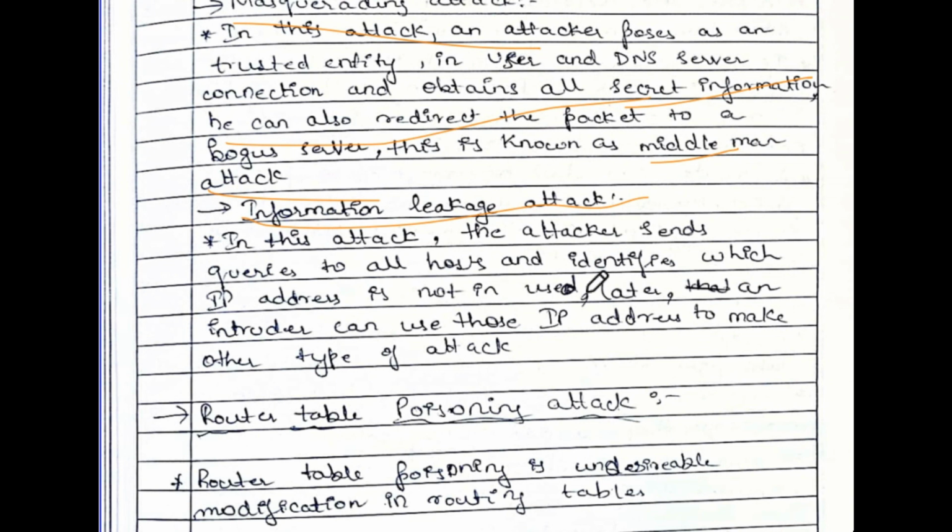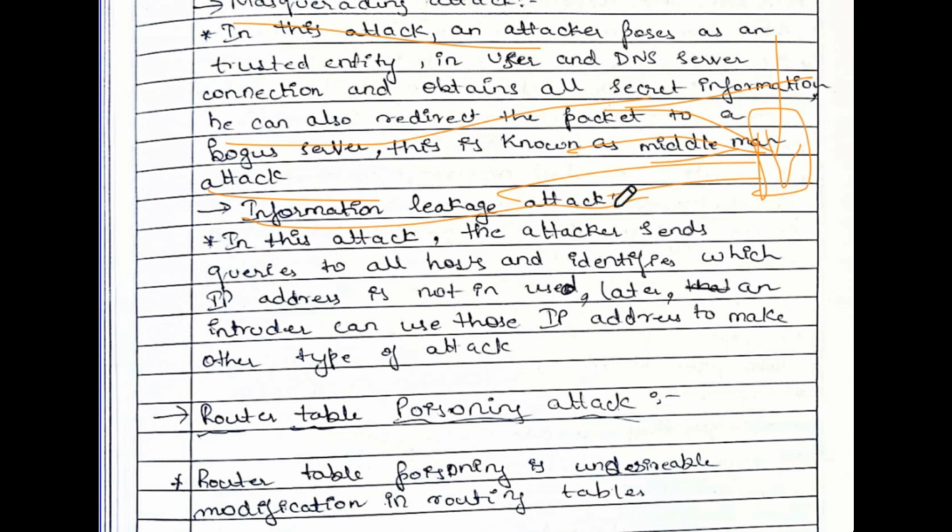Information leakage attack. In this, the attacker sends query to all hosts. Suppose our DNS is present with multiple IP addresses. So an attacker first attacks this DNS and obtains all the IP addresses of the users, and he then sends the query to all users with different IP addresses.